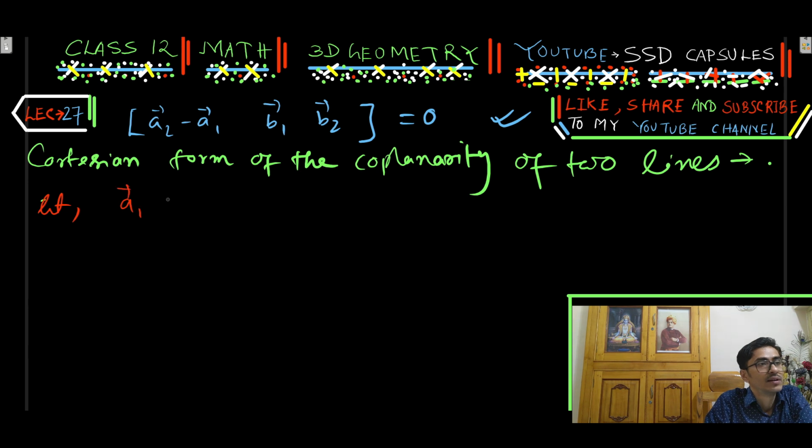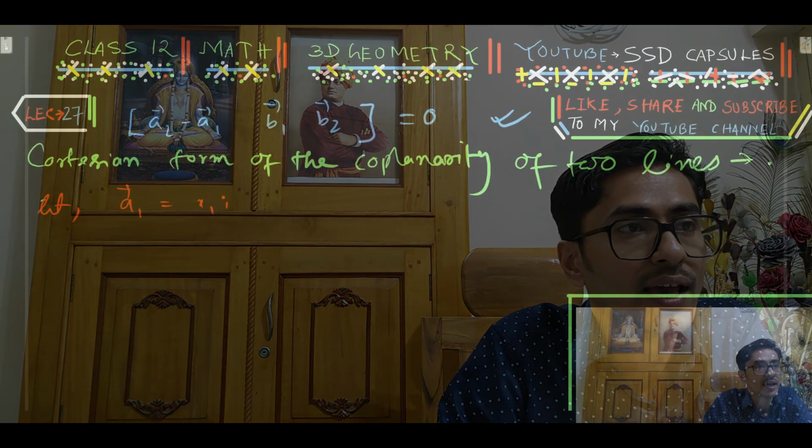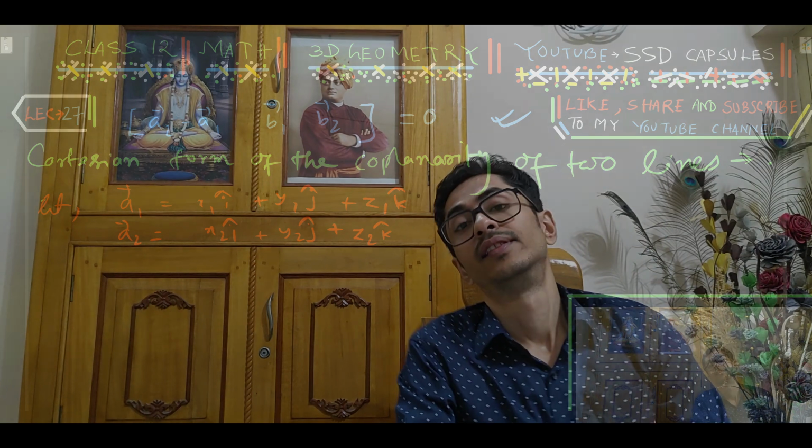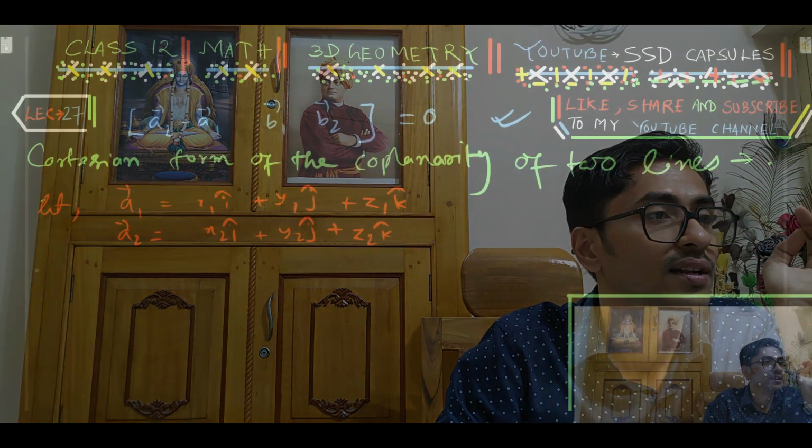So let us consider that the point A has coordinates x1, y1, z1. Then A1 vector equals x1 i cap plus y1 j cap plus z1 k cap. And A2 vector, similarly, equals x2 i cap plus y2 j cap plus z2 k cap. Now let the vectors B1 and B2 have direction ratios a1, b1, c1 and a2, b2, c2 respectively.